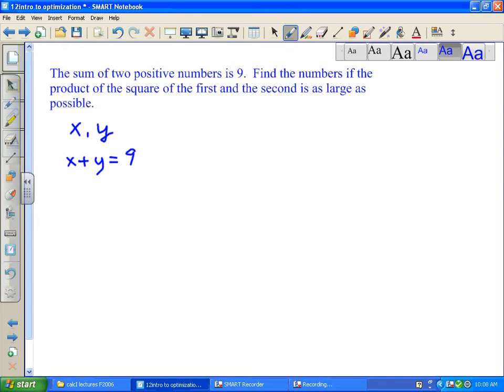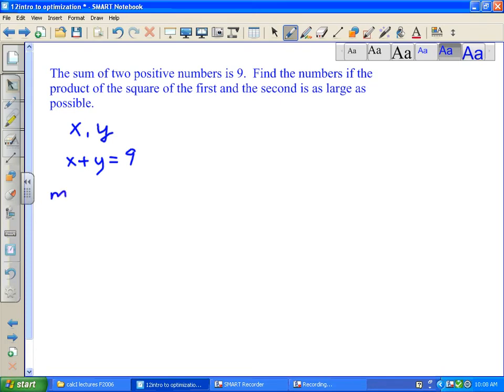And then they tell us that the product of the square of the first and the second should be as large as possible. As large as possible meaning maximize, right?